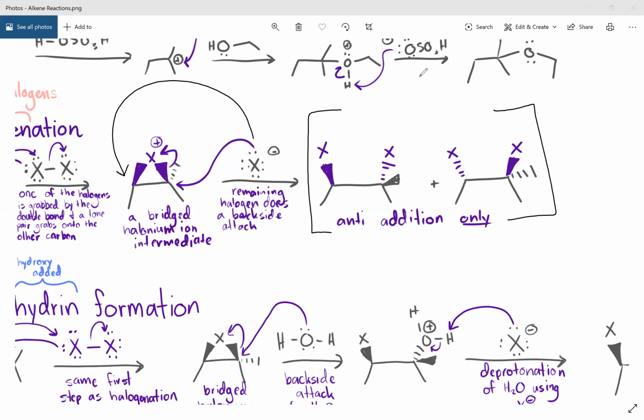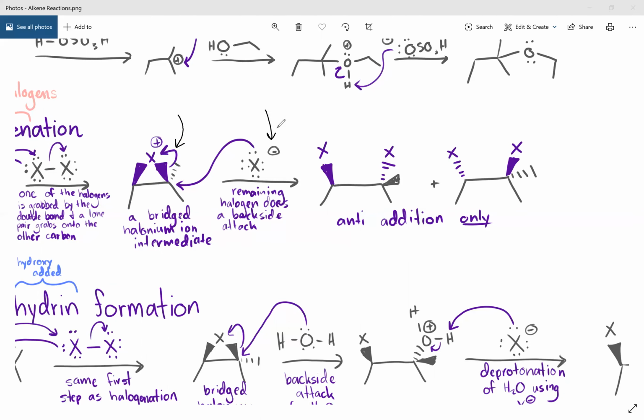In addition, when we talked about epoxides, we always said that the nucleophile, or in this case the X, will react by doing a backside attack, because it's going to want to stay as far away as possible from this electron-filled bond. You see it's negatively charged and wants to stay away from other negatively charged things. So to stay away from that bond as much as possible, it will add to the backside. Okay, and so then that's where we get this product from.